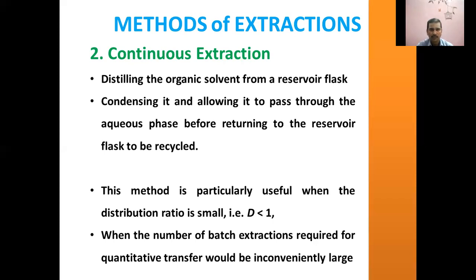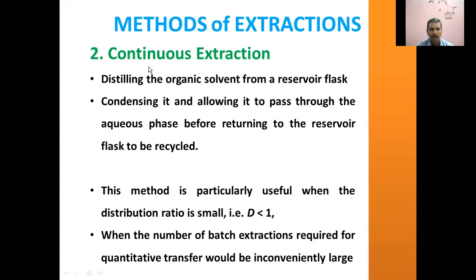It is laborious because we will be using organic solvent. Organic solvents are usually toxic, they are volatile, and some solvents exhibit carcinogenic property. So we cannot expose ourselves to the organic solvent while doing the extraction process. Therefore, batch extractions are not preferred whenever more extractions are required to achieve the required quantitative transfer of the solute. So these are the two circumstances.